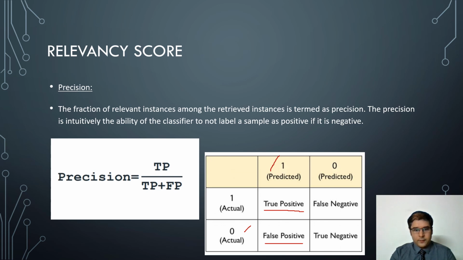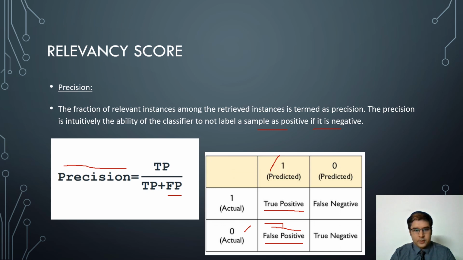Basically, false positive should be low. The lower the FP here, the higher the precision. I hope this is clear.